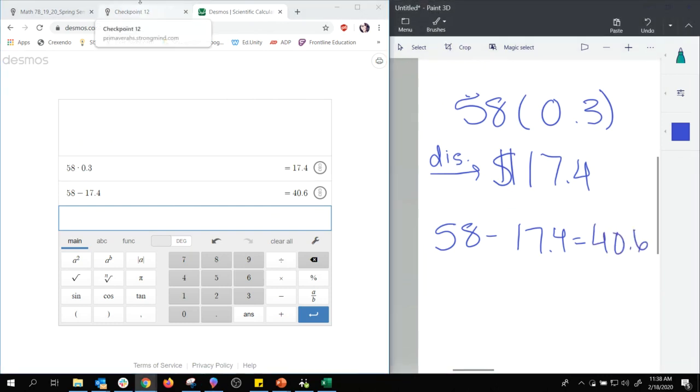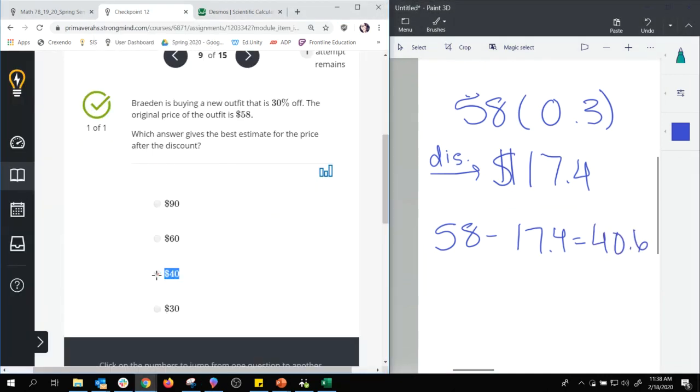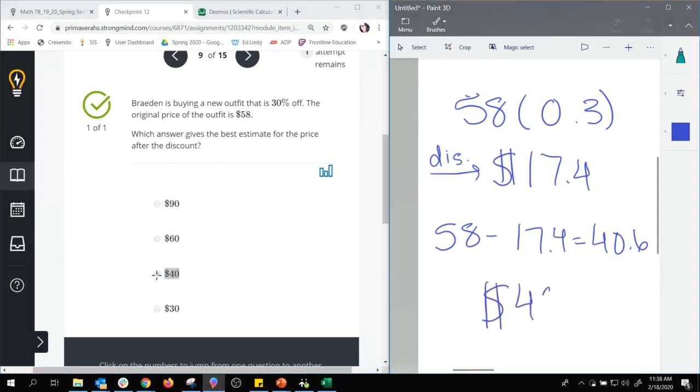If we were to round this, he would pay around $40. With these problems, you always have to read carefully, because if it's asking how much money is being discounted, that would be this 17.4. And if it's asking how much he is paying after the discount, you have to remember the second step, which is that subtraction.